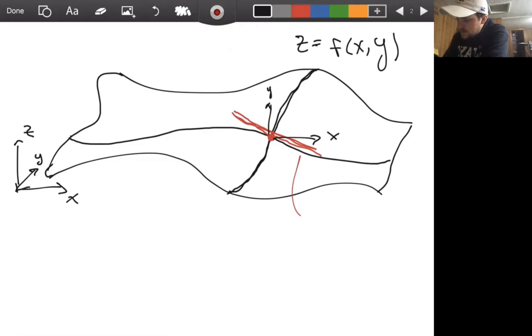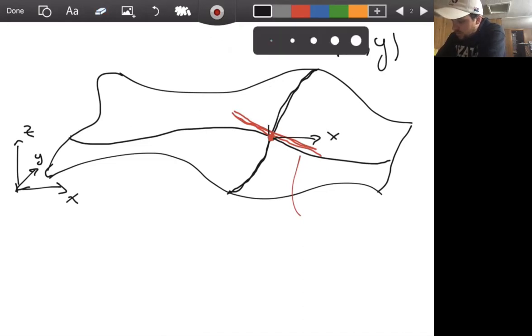That's kind of a bad representation because y is going into the screen. I don't want you to think it's straight up, right? Like y is going, let's put it over here. There we go.